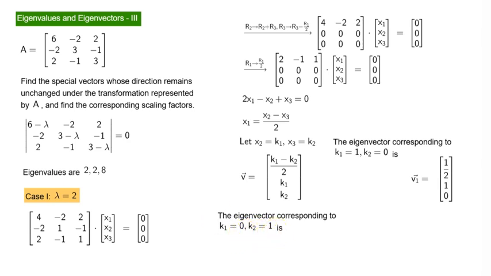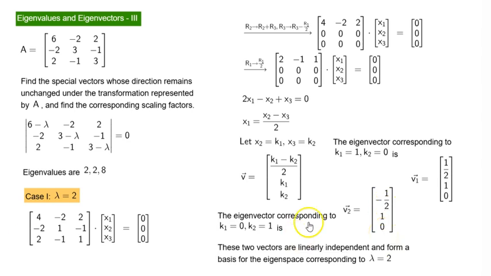So our vector is minus half, 0, 1. These two vectors are linearly independent and form a basis for the eigenspace corresponding to lambda equal to 2. So here we have one basis vector, we have the second basis vector corresponding to lambda equal to 2. Now let's look at lambda equal to 8.